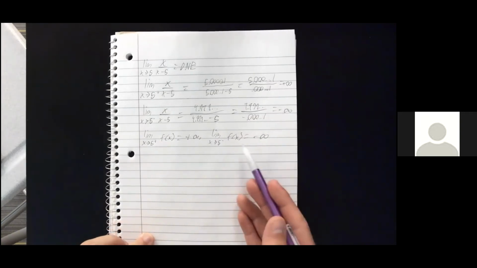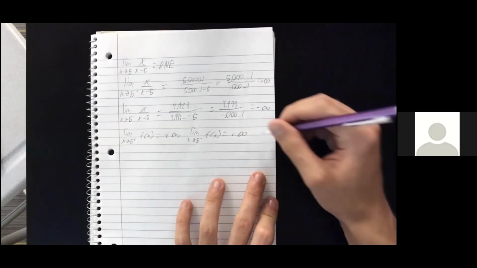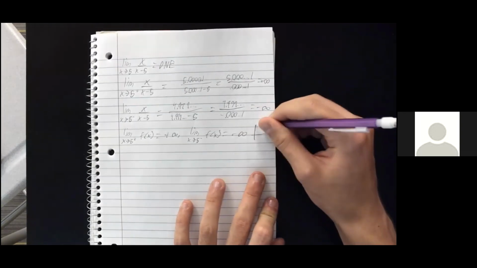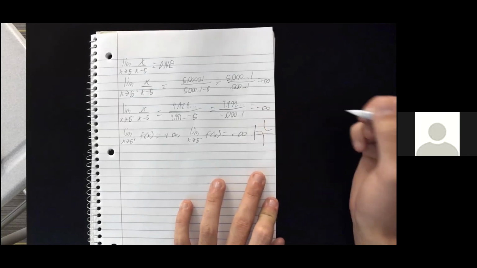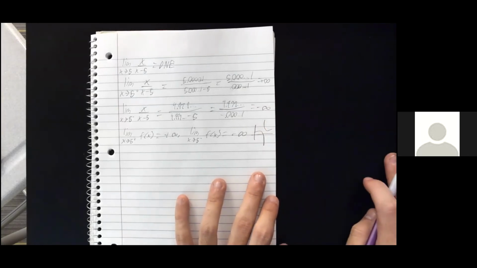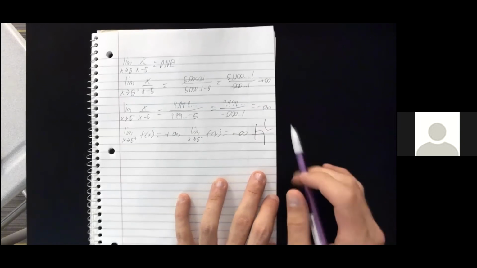As you approach x equals 5 of f of x from the right, you approach positive infinity, whereas if you approach 5 from the left, you approach negative infinity. So to draw it out really small right here, it's something like this. We don't know that there are horizontal asymptotes yet, but we're getting there.